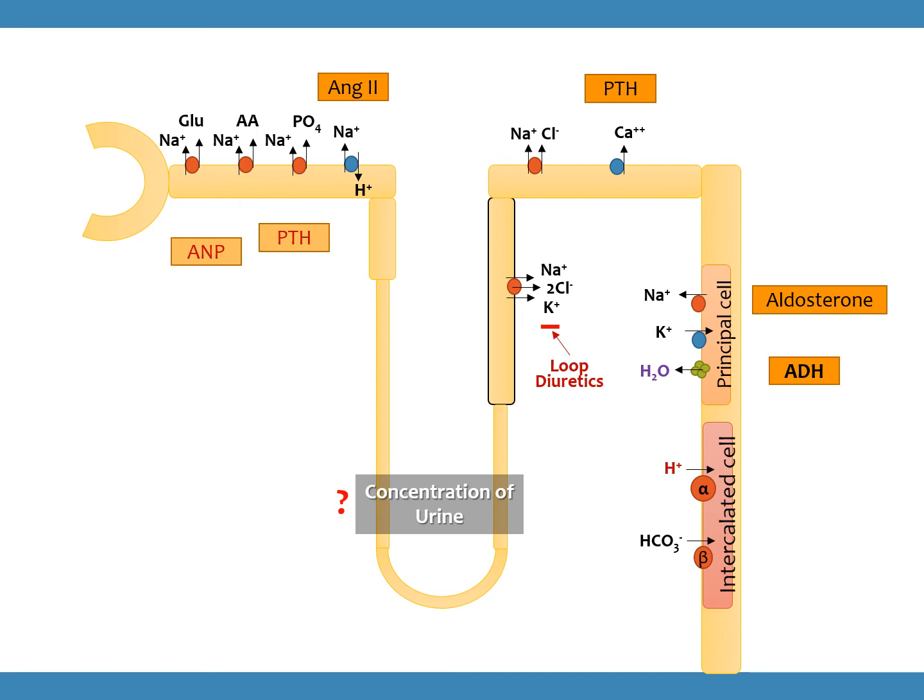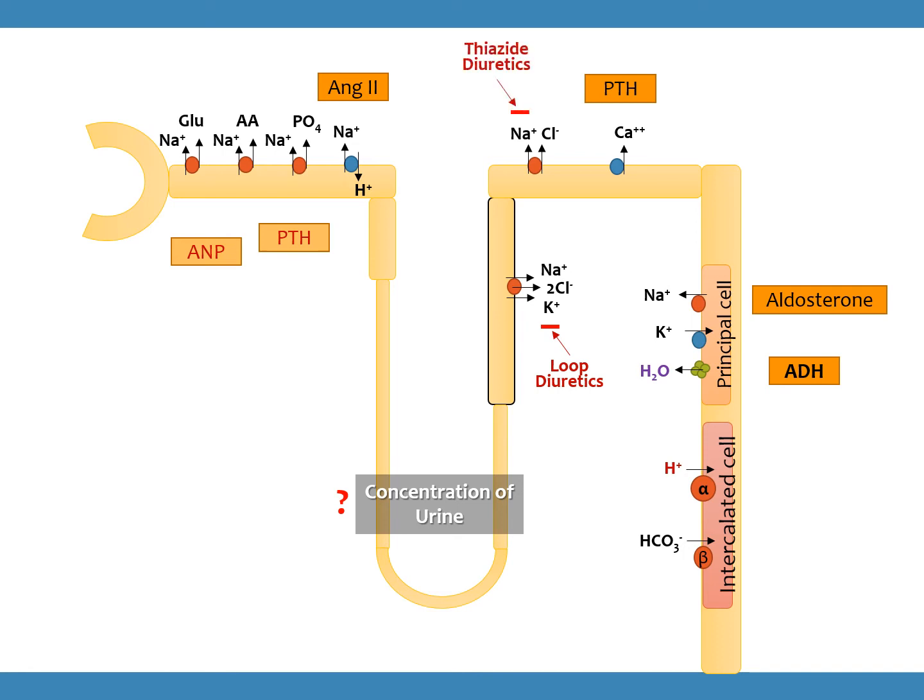The beta cells are involved in the secretion of bicarbonate. Now these cells are very important in acid-base regulation, and you will be studying them in detail when you do your acid-base regulation.